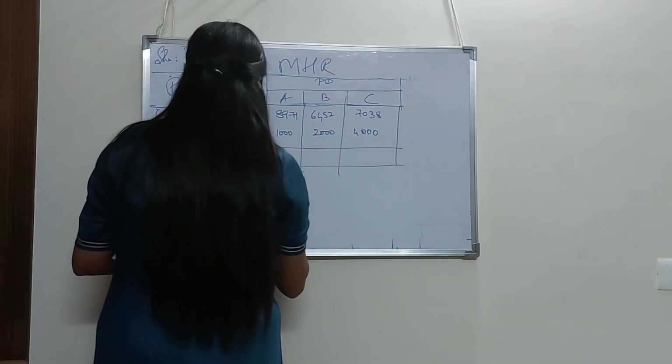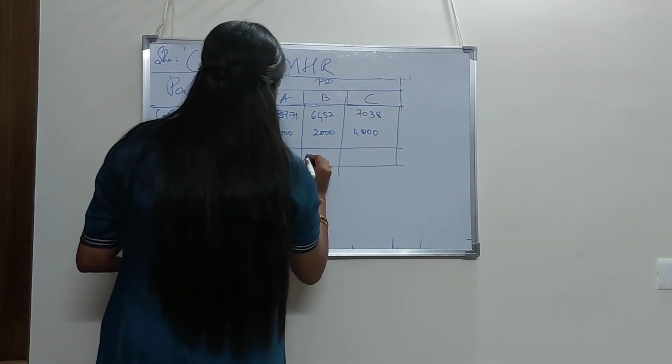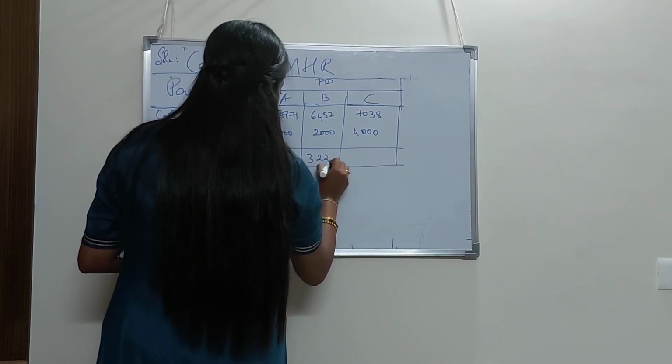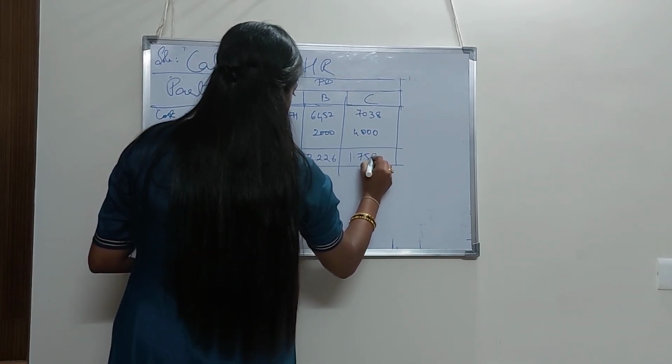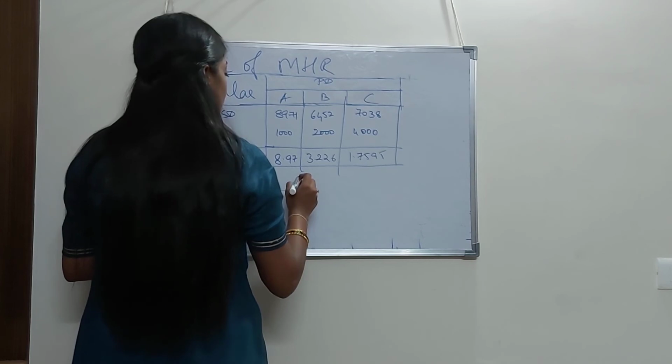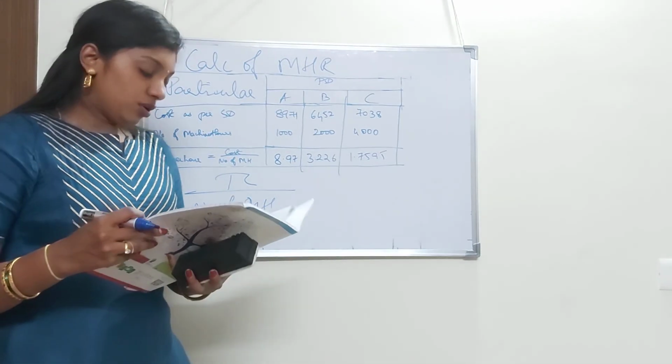So it would be 8.97, 3.226, 1.7595. So this is with regards to your 9th problem.